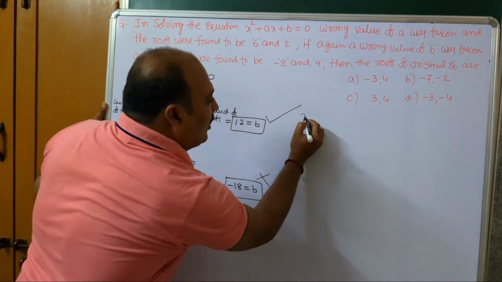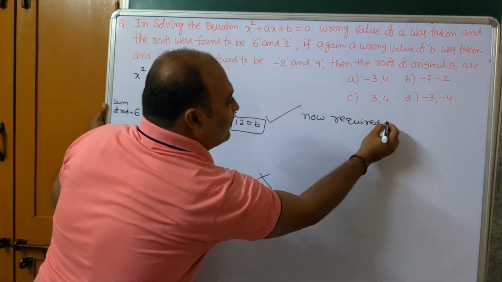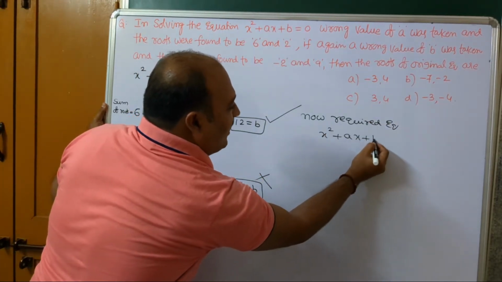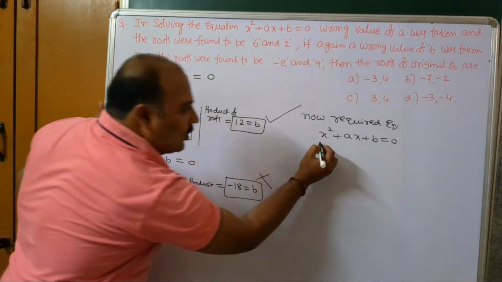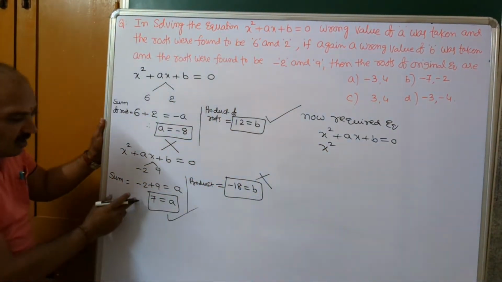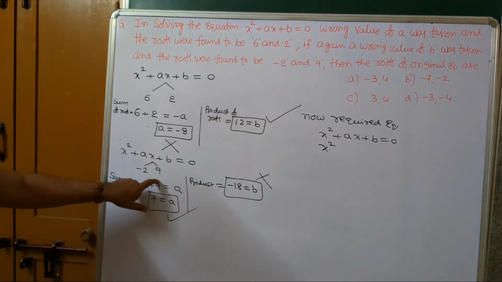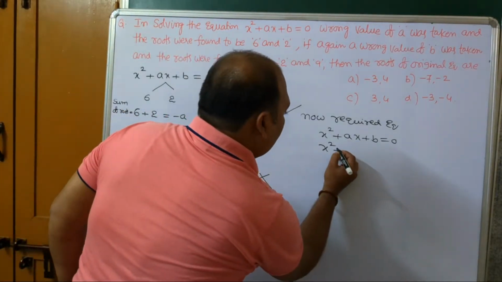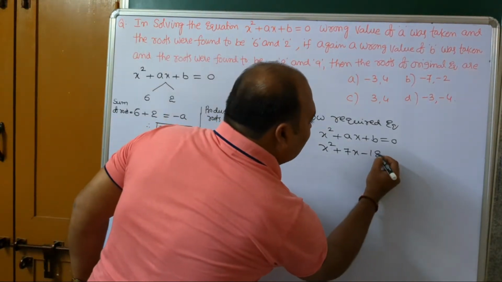Now the required equation: x square plus ax plus b equal to 0. Right value of a is 7. So x square, is it 7 or minus 7? So 9 minus 2 plus 7 only. So 7x. B value minus 18.